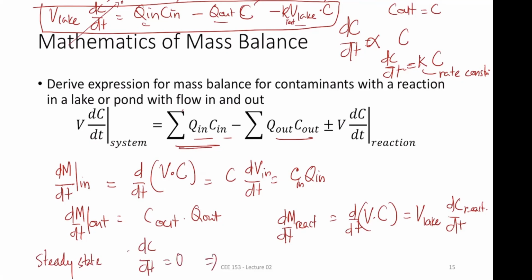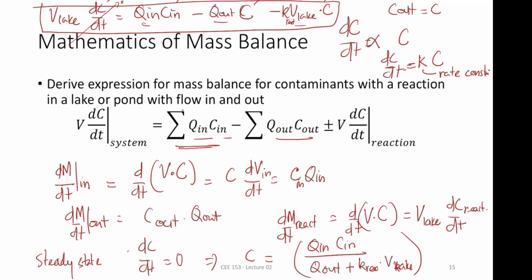So C equals Q in times C in divided by, rearranging everything from the top equation, Q out plus K times V lake. So that's the solution for concentration in the lake if it is a steady state reaction.